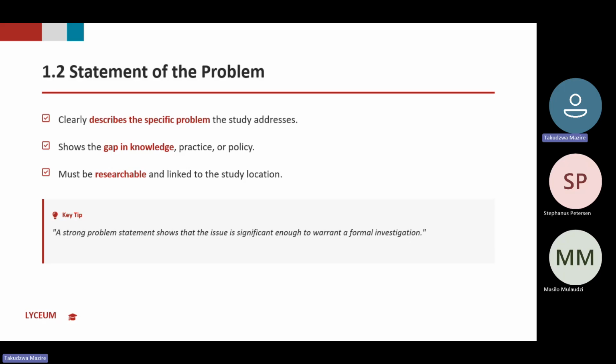In this problem statement, you are identifying a gap in knowledge, practice, or policy. That is one of the key things that you have to do, is to identify the gap. The gap is where your research will stem from.